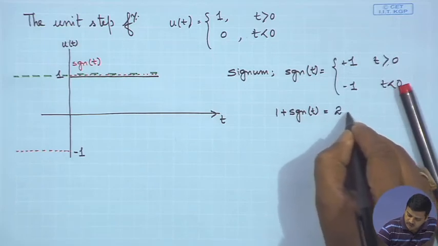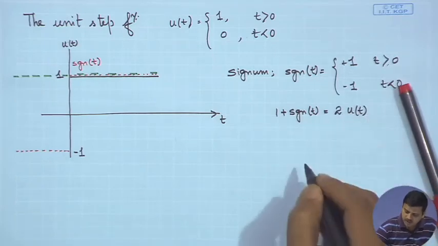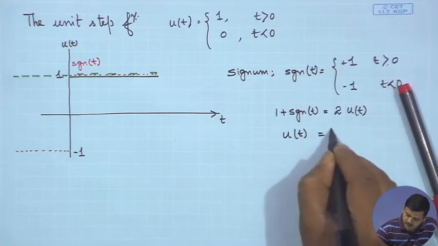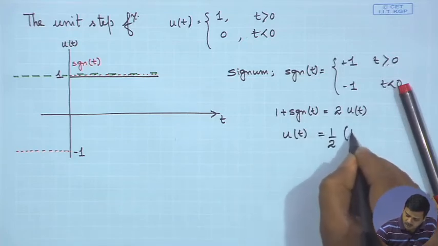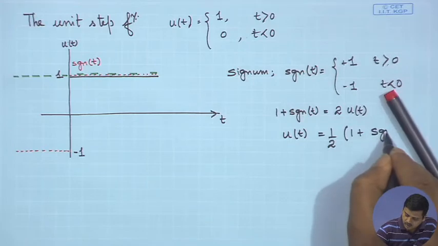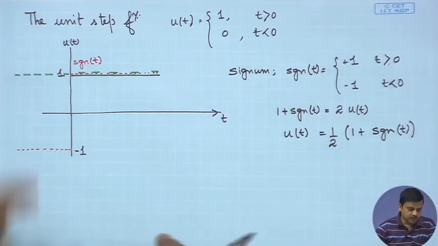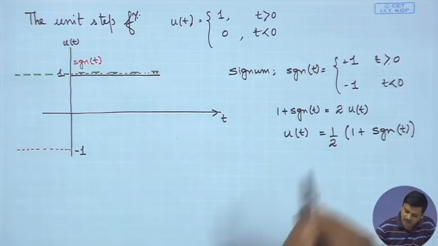So you could represent u of t as 1/2 of 1 plus SGN of t. This is the general way of representing u of t.